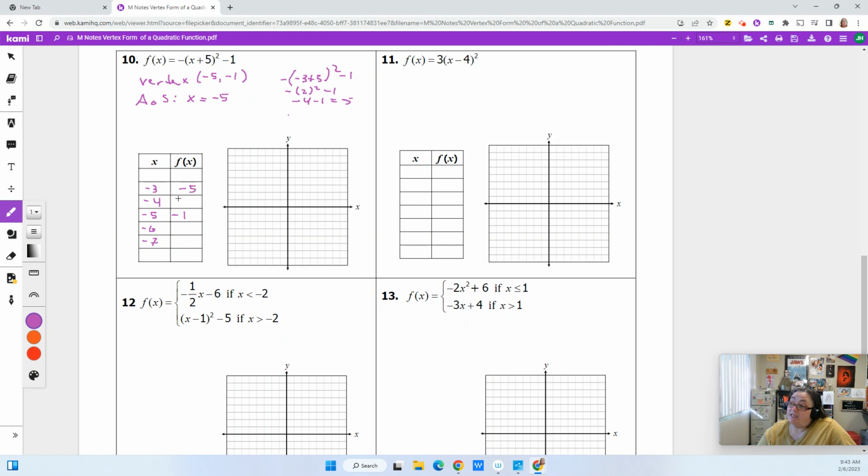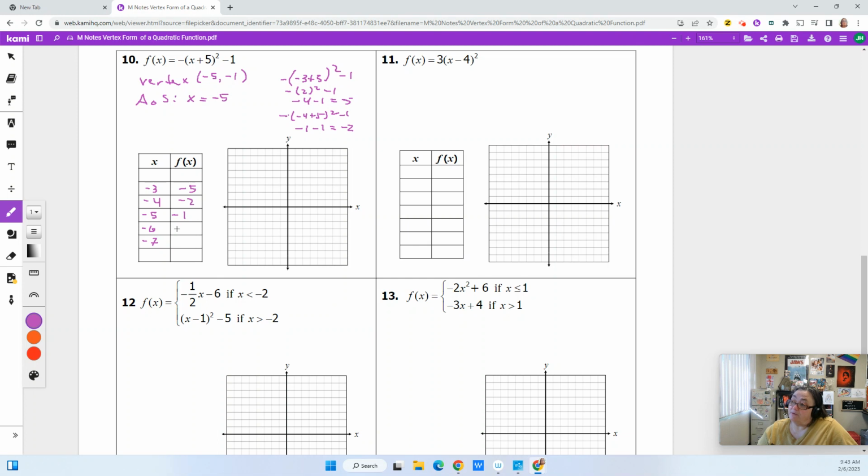And then I'm going to do it again for negative 4. I'm going to go, okay, well, I've got negative 4 plus 5 squared minus 1, which is 1 squared, which is just 1. But I have that negative, so it's negative 1 minus 1, which is negative 2.